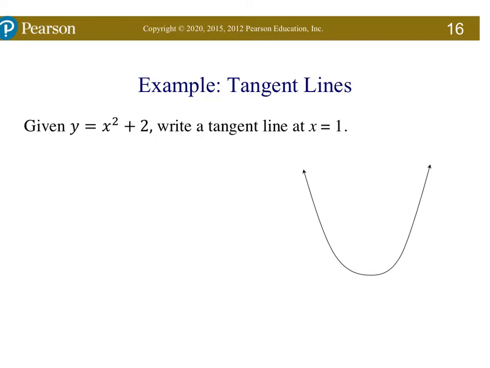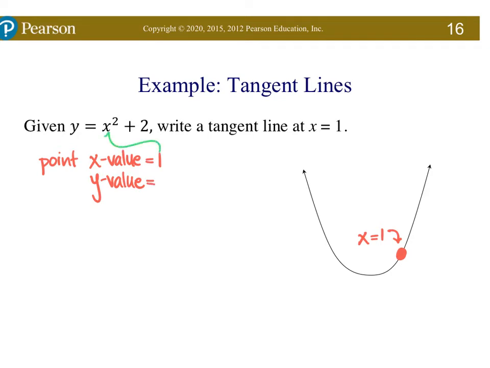Okay, so using the same parabola, now we're asked to write what's called a tangent line at x is 1. Well, let's focus on x is 1 right here. At the point x is 1, we have an x value equal to 1, but what's the y value? Well, I just have to plug it into the original equation to find the y value.